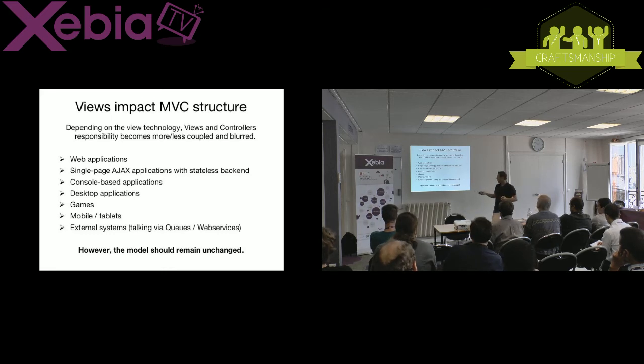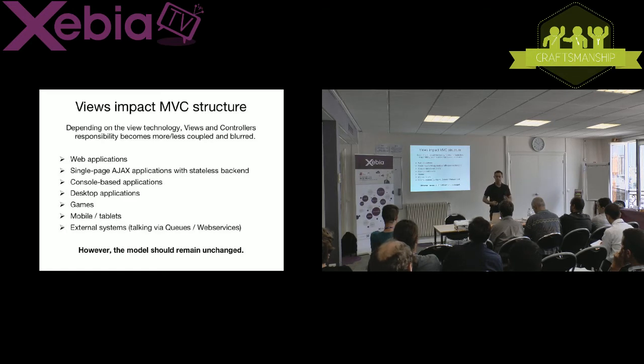And then console-based applications: what is the view? It's your console. So where's your controller? How do you model that? Then there are mobile and external systems; you could even see external systems consuming data from you as a sort of view. If you have a service-oriented architecture, your controller is even above everything.